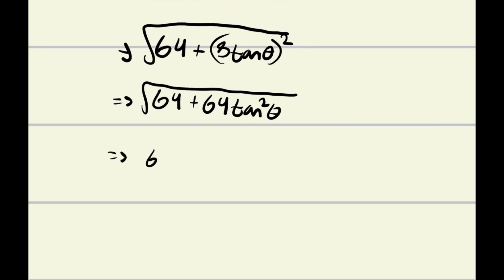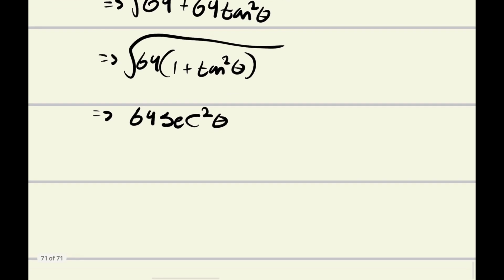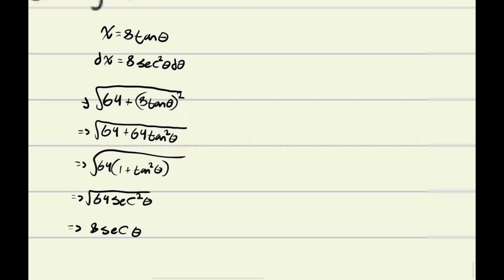We can factor out a 64, which would give us 1 plus tangent squared theta. That is equal to 64 secant squared theta, and the square root of that would be 8 secant theta.